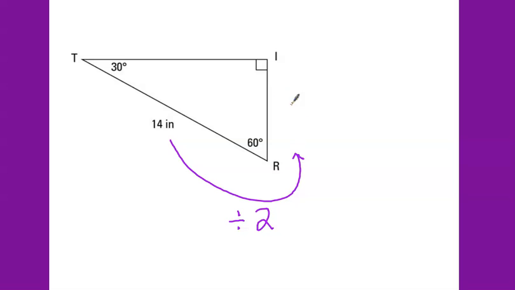If I were going from the short side to the hypotenuse, I would multiply by 2. So 14 divided by 2 is going to be 7. Once I have that short leg, then I can get the longer leg here by multiplying by the square root of 3. So I'm going to end up with 7 times the square root of 3 for that other leg.